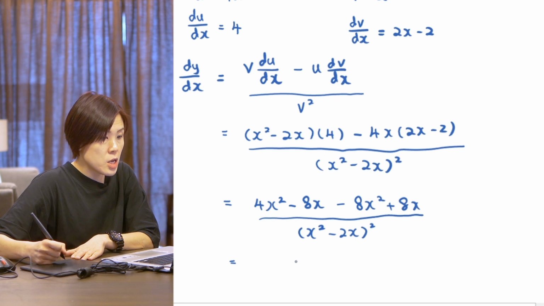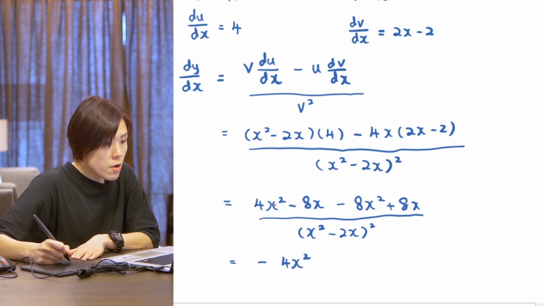So we simplify the numerator: 4x squared minus 8x squared, we have negative 4x squared. And negative 8x plus 8x is gone. And we will have x squared.